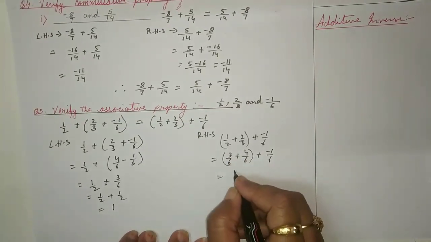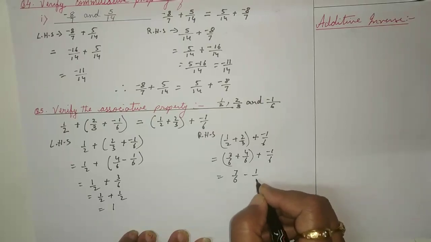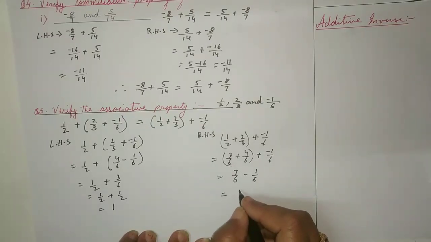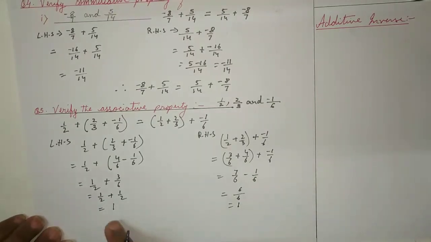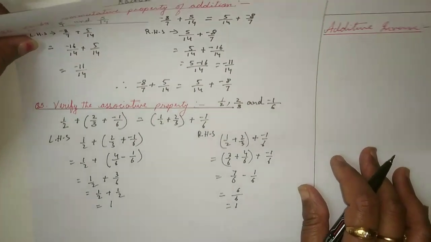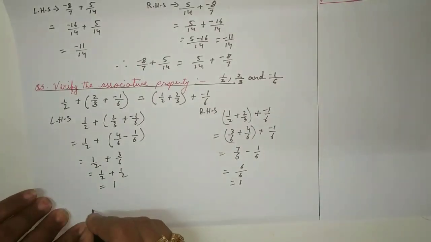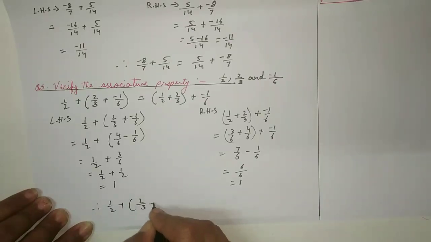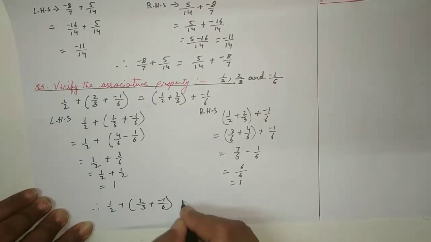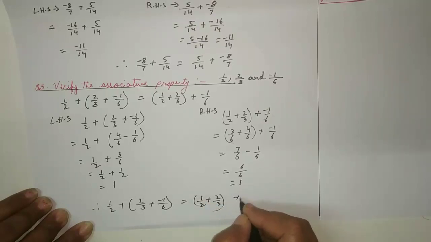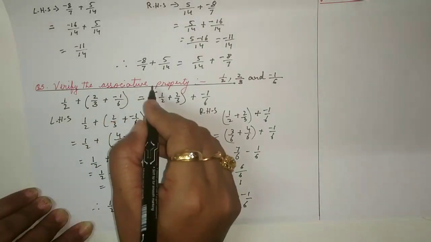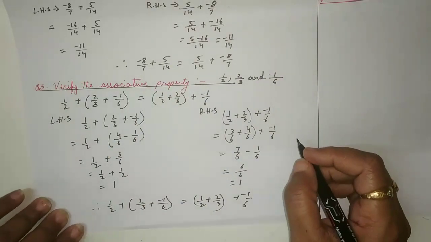That is equal to 7 by 6 minus 1 by 6 is equal to 6 by 6 is equal to 1. So LHS and RHS, both the answers are the same. Therefore, we can say that half plus 2 by 3 plus minus 1 by 6 is always equal to half plus 2 by 3 plus minus 1 by 6. The associative property is proved.